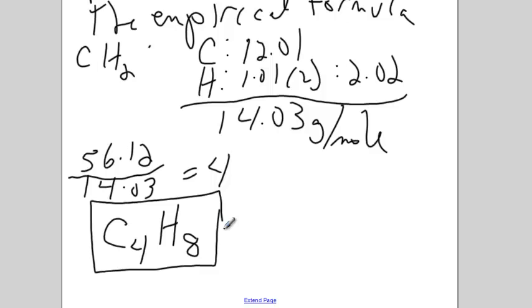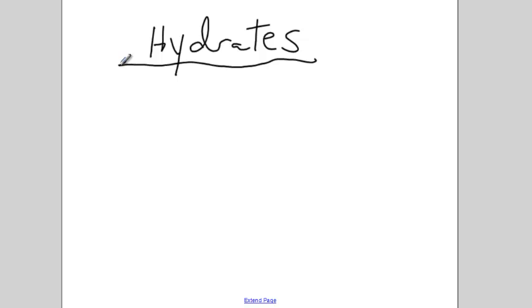One more thing we've got to talk about, which is hydrates. Very, very similar. Same ideas, which is why I'm throwing this in here. A hydrate, you might have seen those in the naming chapter just a little bit. Let me give you an example of a hydrate.